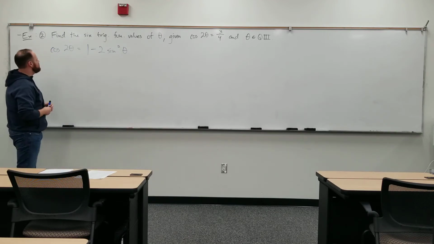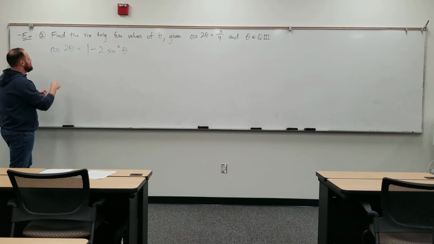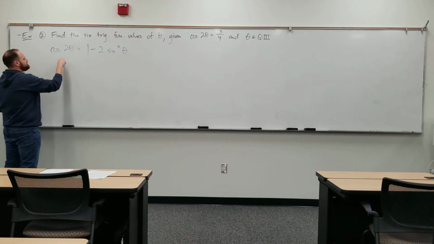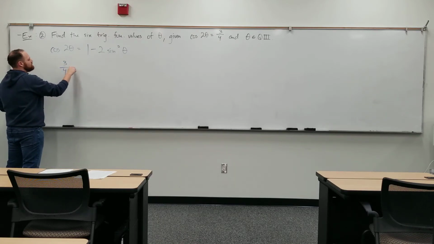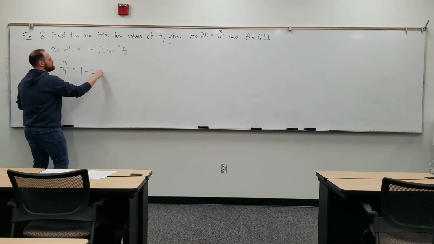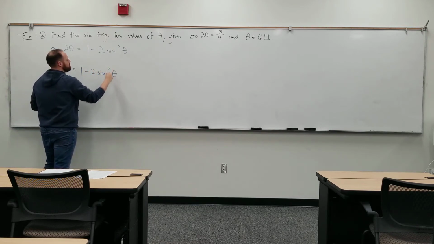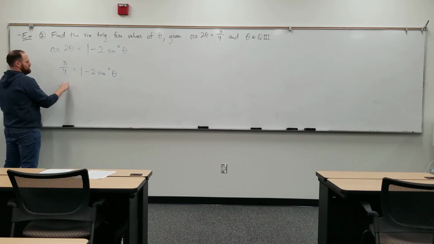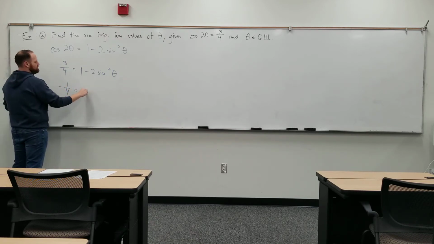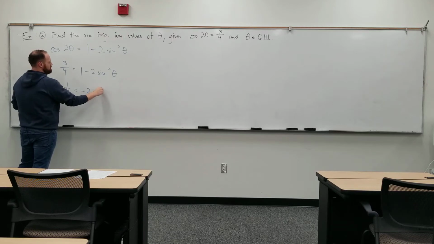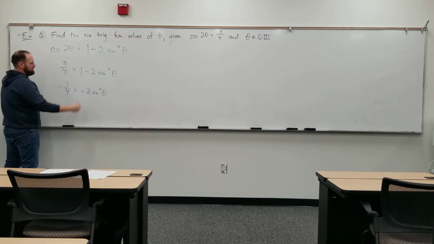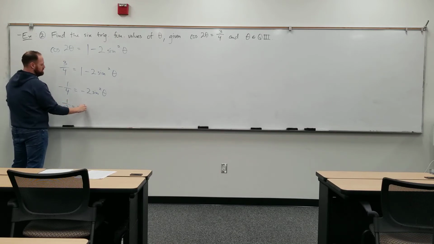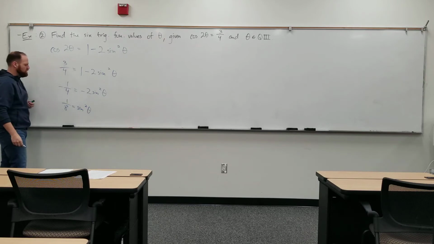So let's do it. Cosine 2 theta is 3/4. I can subtract 1. I can divide by a -2. Oh, is that right?